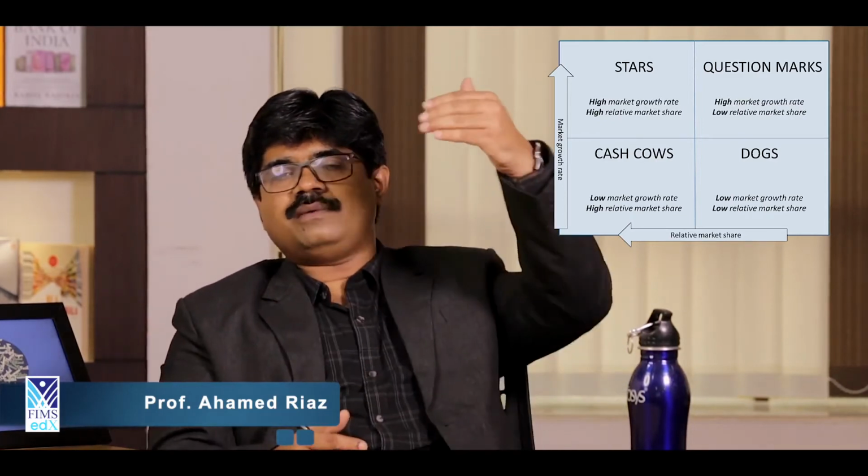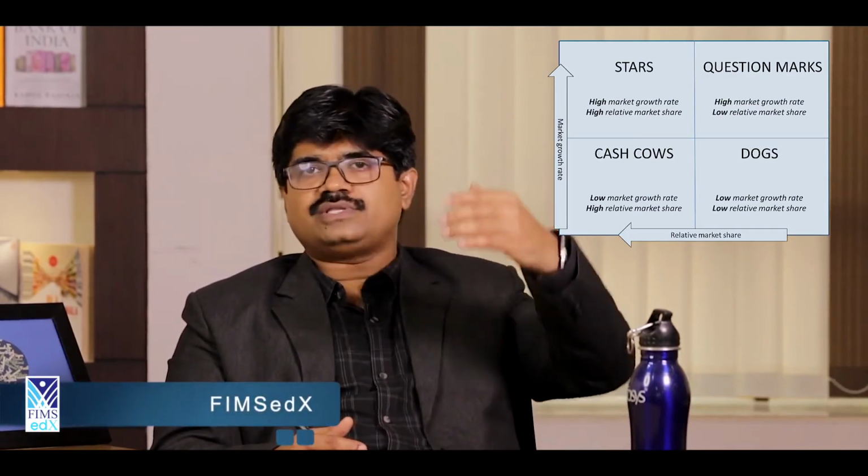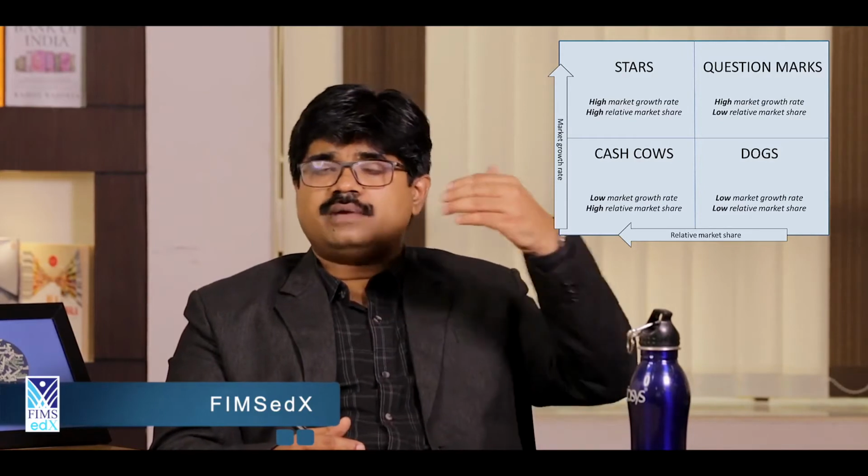Now, based on these two criteria, you have four different categories. You have a category with low relative market share and low market growth. You have a category with low relative market share and high market growth. You have a category with both high market growth and high relative market share, and you have another category with high market growth but low relative market share.